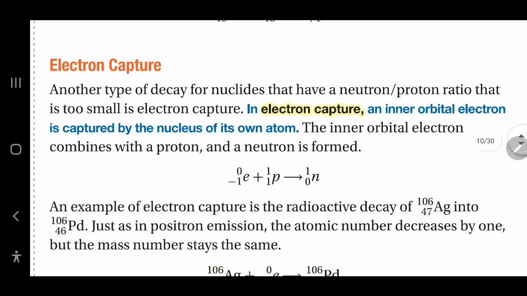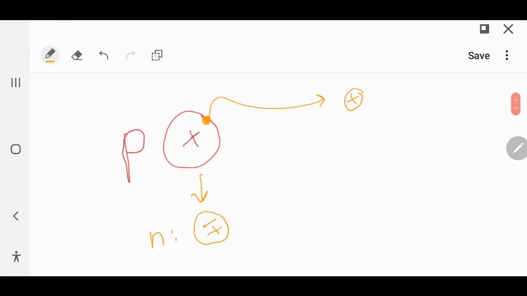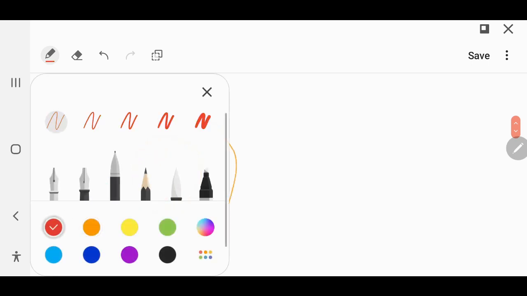Now, we have another process that could happen in radioactive elements, which is electron capture. In electron capture, an inner orbital electron is captured by the nucleus of its own atom. So, as we know, this is the nucleus with the proton, positive, and the neutron, negative. And here we have the inner electrons.